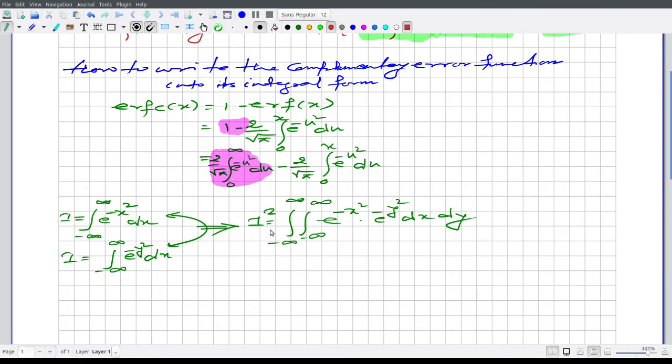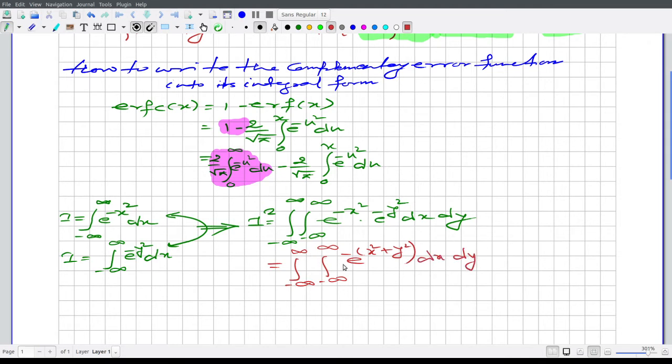So now this can be written as the double integral of e to the power minus of x square plus y square dx dy.